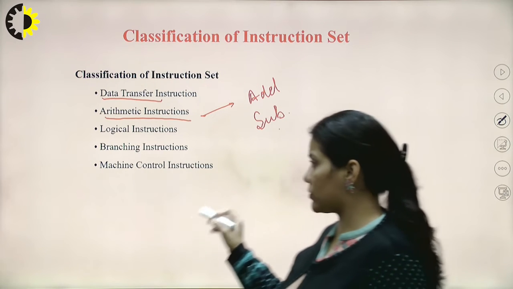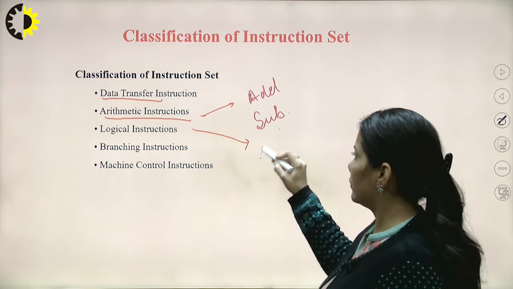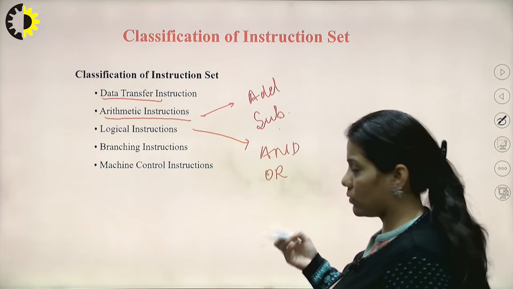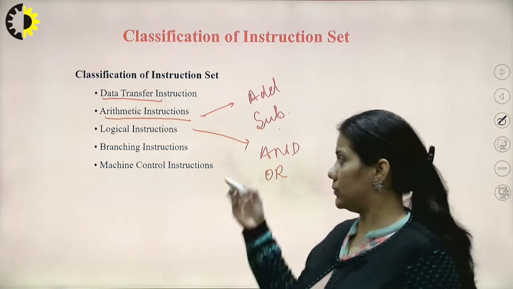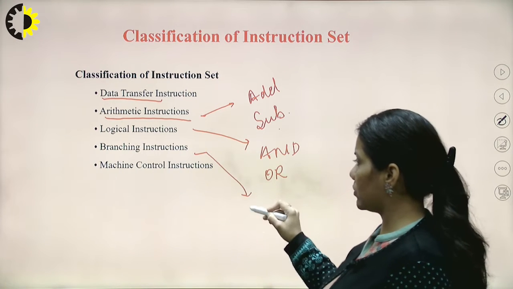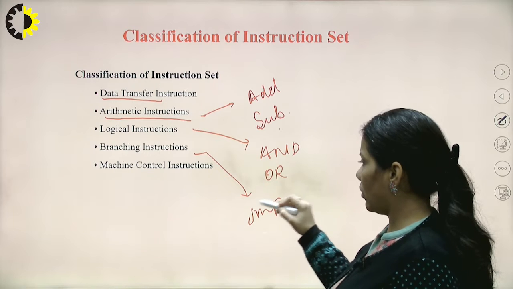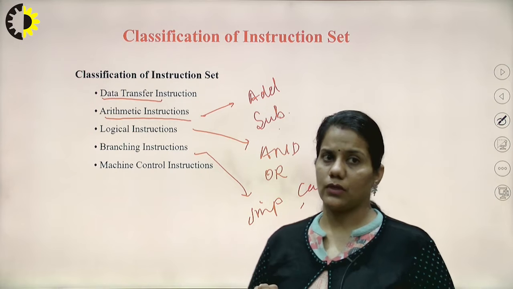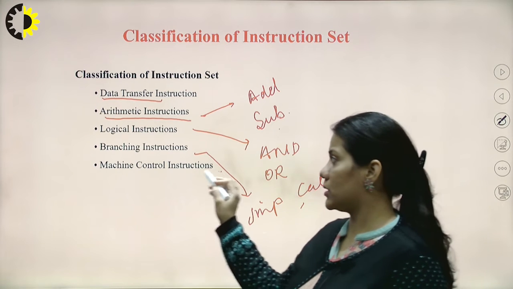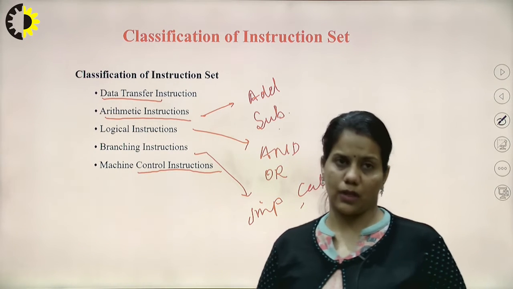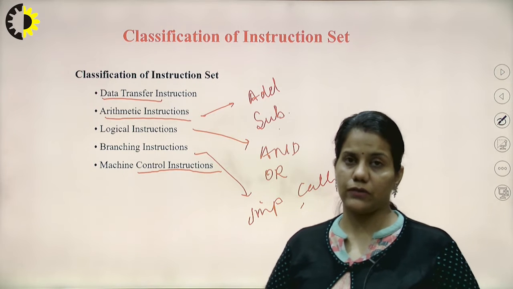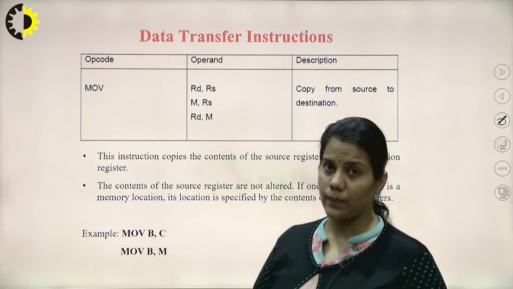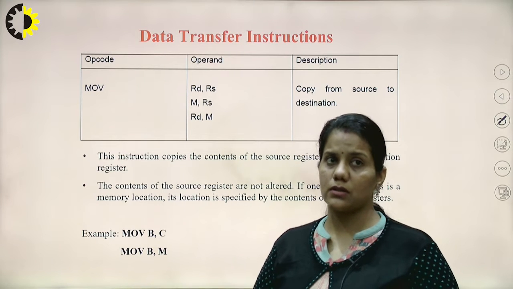In the logical instructions, we deal with ANDing, ORing, XORing, and in branching instructions, we talk about jump and call. In the machine control instructions, there are different types of instructions we will see in further lectures. So the first category we will cover today is the data transfer instructions.